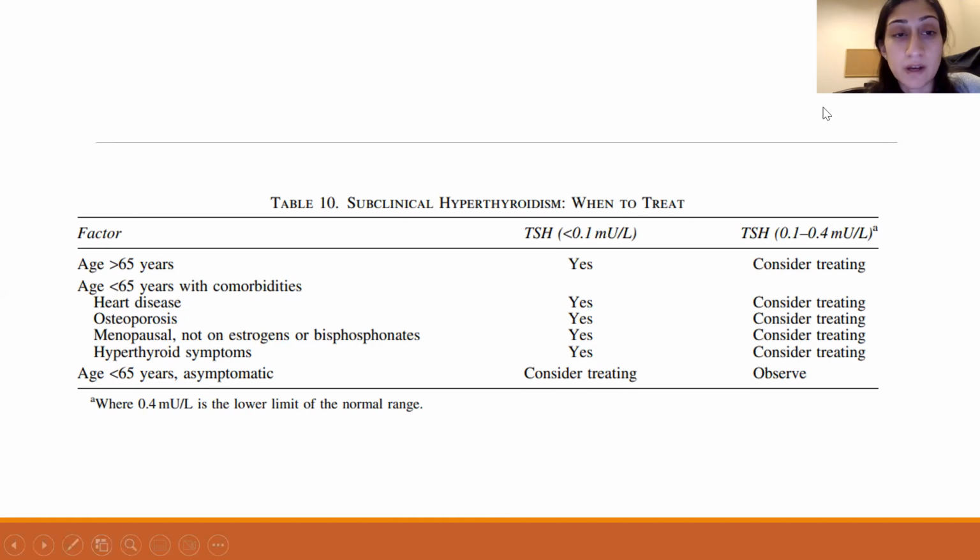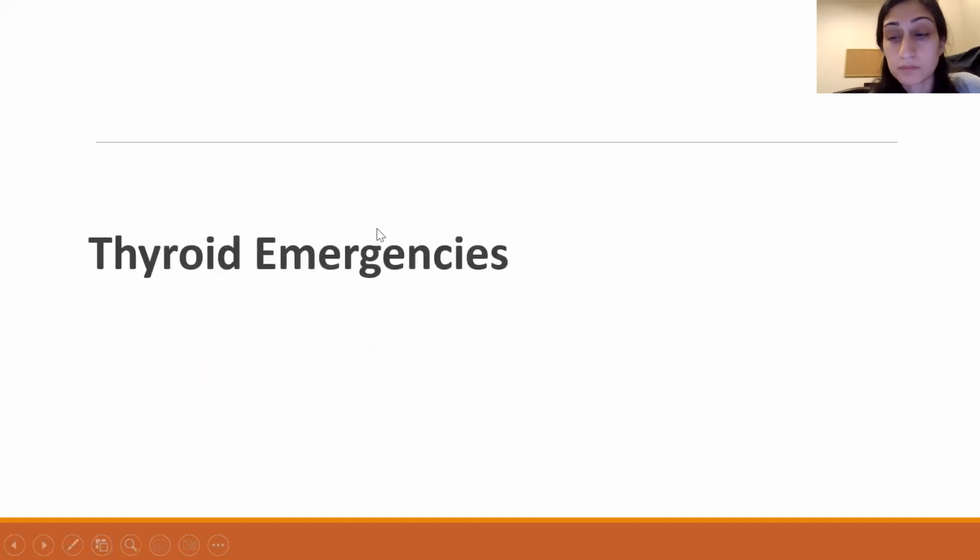If they're less than 65 but they have comorbidities like heart disease, osteoporosis, or hyperthyroid symptoms, you always want to treat with a completely suppressed TSH, and you can consider treating with a TSH of 0.1 to 0.4. And then if they're less than 65, but they're asymptomatic and their TSH is 0.1 to 0.4, you can just observe them. So that's a good guideline.